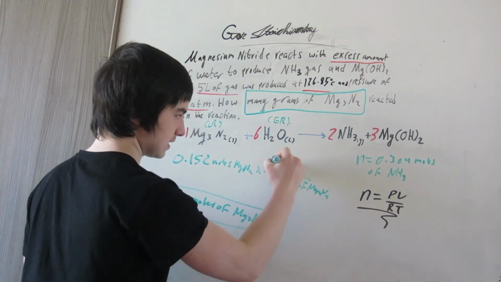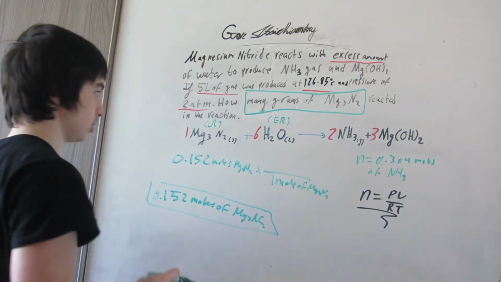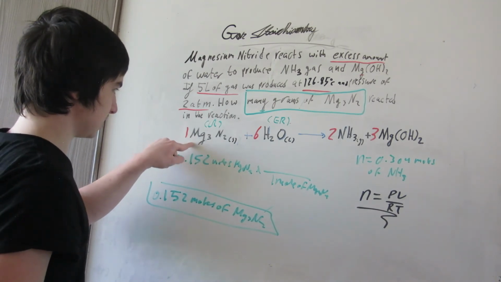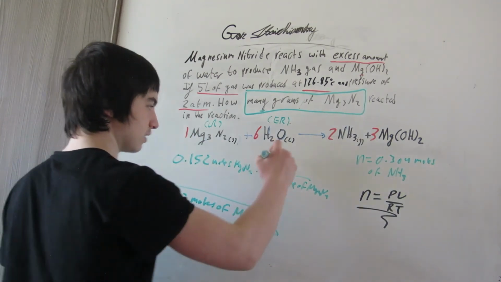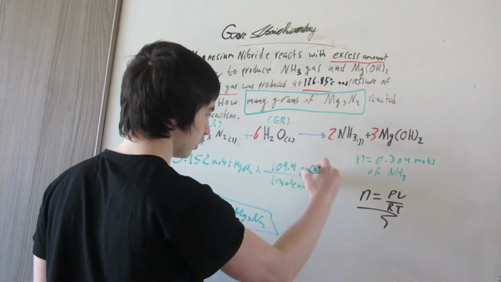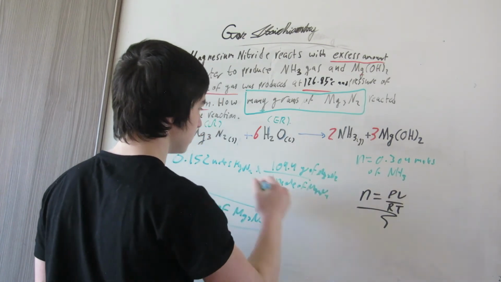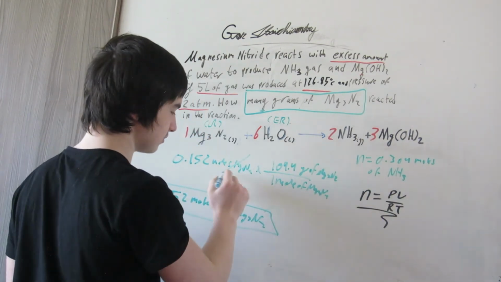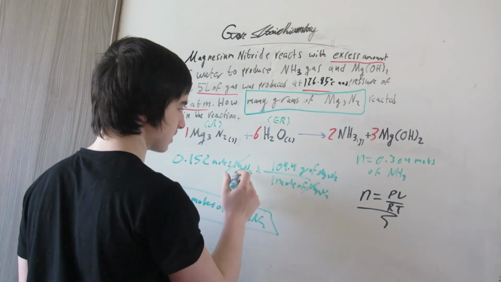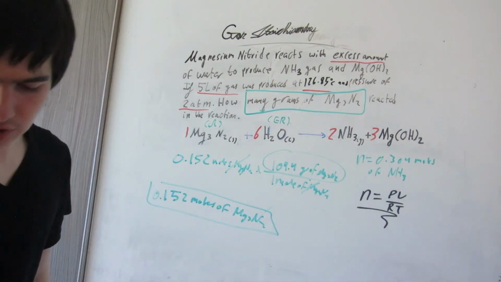Up, you put the mass, which, if you open the periodic table and calculate magnesium's weight, 3 of magnesium added to 2 nitrogen weight, we get 109.4 grams of Mg3N2. Now we cancel units. Moles of Mg3N2 cancels moles of Mg3N2, and we're left with the unit of grams of Mg3N2.